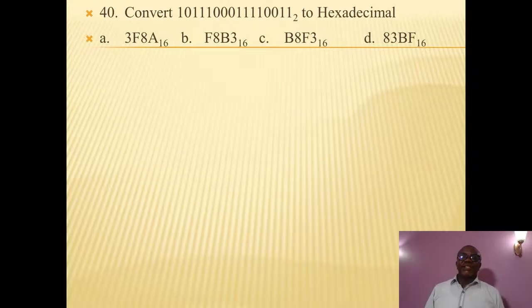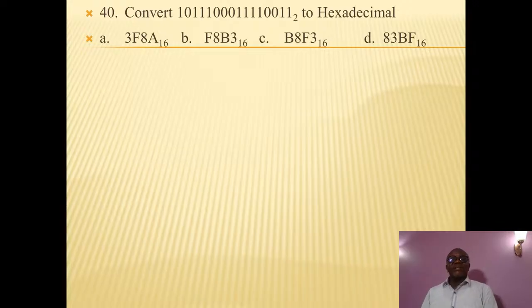For instance, in this one, if you start from the least significant bits, that is your right side, and count 4 digits, you get 0011. So that is the first grouping. So 0011 means 3 in hexadecimal. You put 3. The next 4, which is 1111, is equal to 15, which is F. So you put F. The next 4 bits, which is 1000, is equivalent to 8.